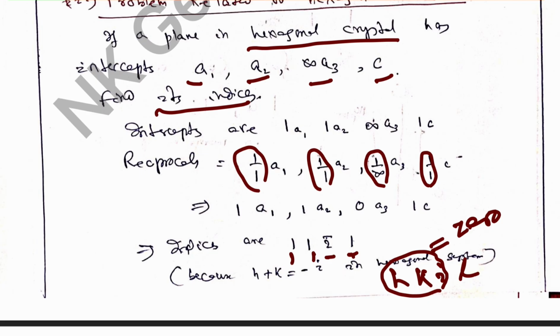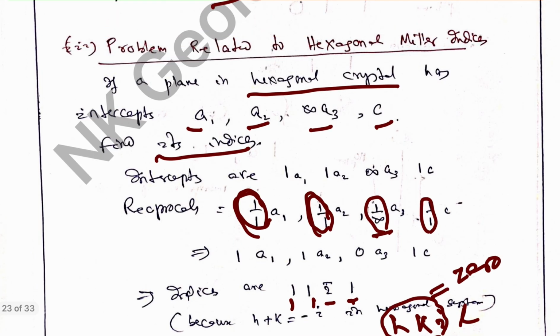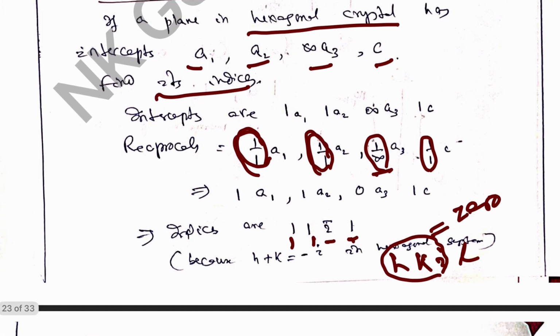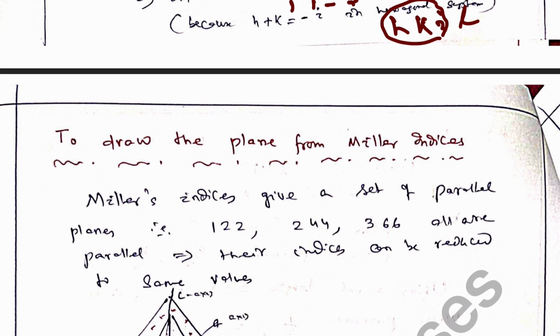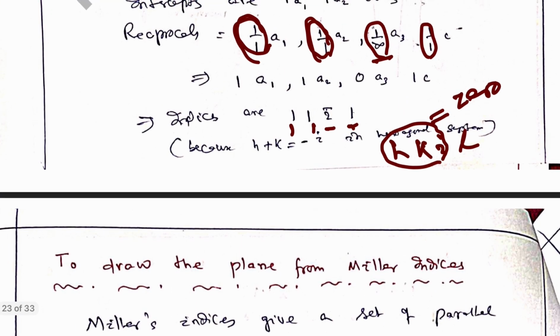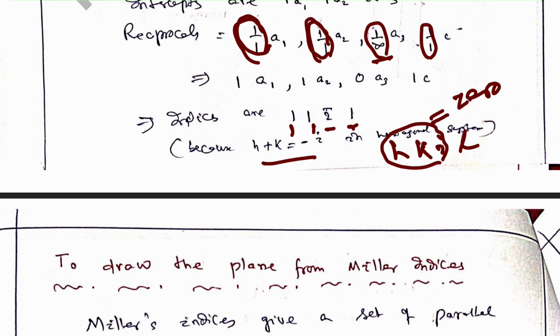So we have the a intercept 1, b intercept 1, so the third index must be minus 2. That's why it is (1 1 2 bar 1). This is the hexagonal Miller indices, and this we have to remember: h plus k is equal to minus i in the case of the hexagonal system.